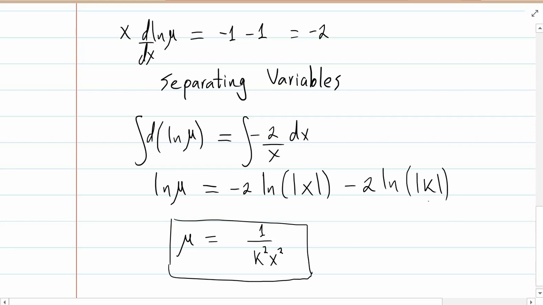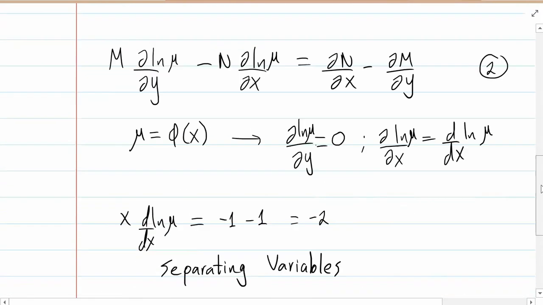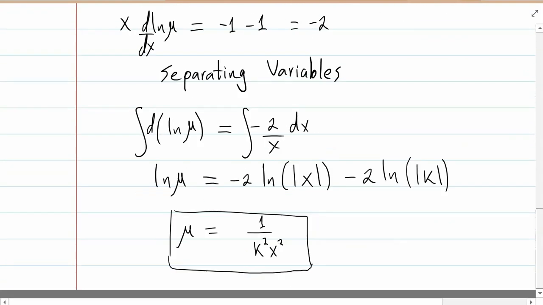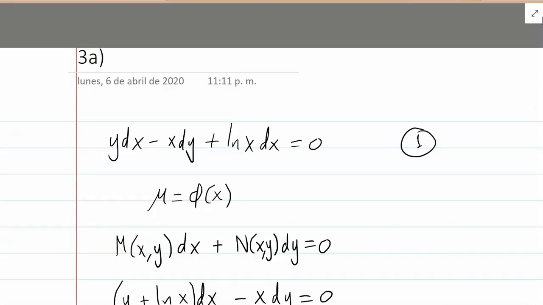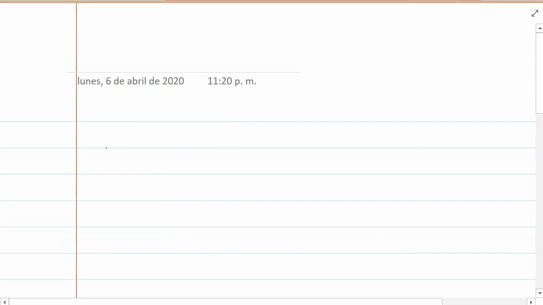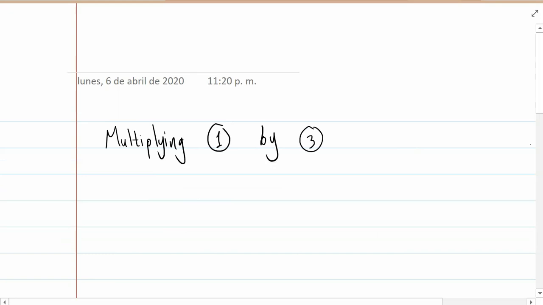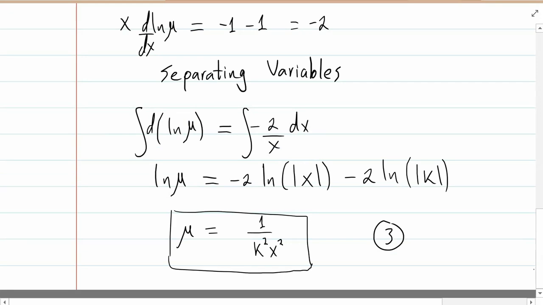Now we can use this integrating factor and multiply equation 1. This is going to be equation 3. So multiplying 1 by 3, what do we get?